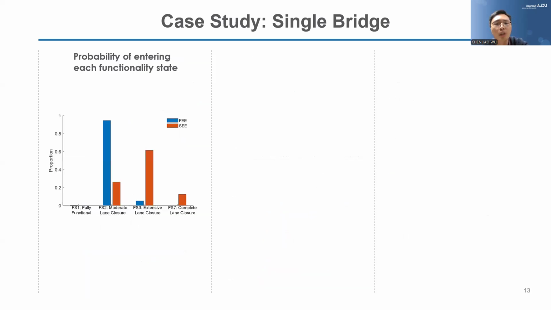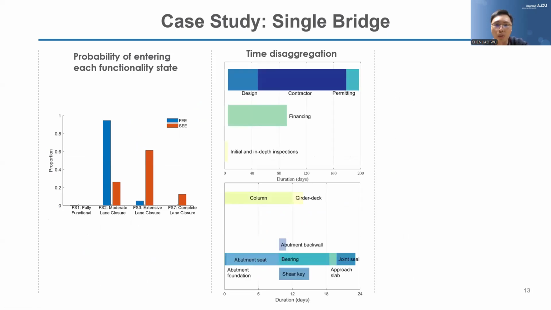So here's the result in our functional recovery assessment. First is the probability of entering each of the functional states. Like under each of the hazard levels, what's the probability of you having a moderate link closure, extensive link closure, or complete link closure. And here we disaggregate the median time into different factors.